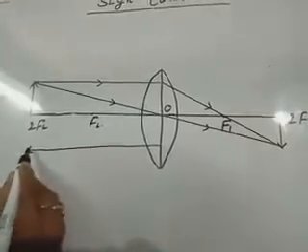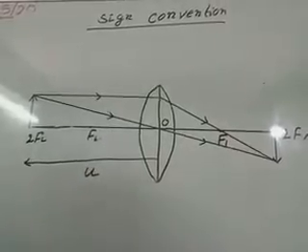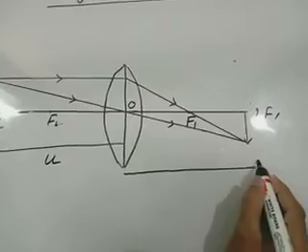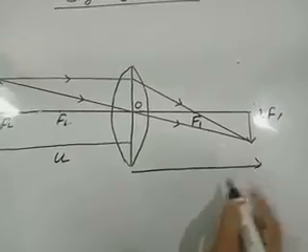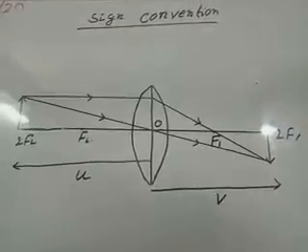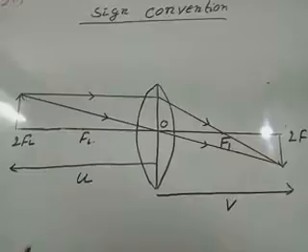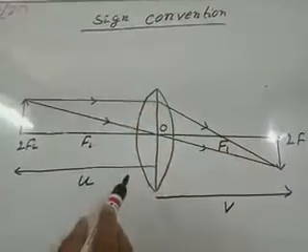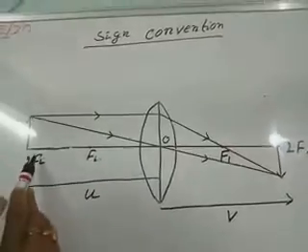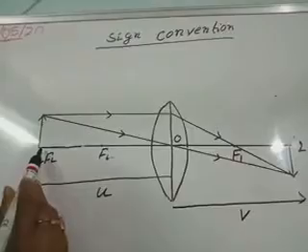This is known as object distance and denoted by U. And distance measured from the optic center to the image is denoted by V. Similarly, focal length is also denoted. So the first rule for the sign convention: all distances should be measured from the optic center.